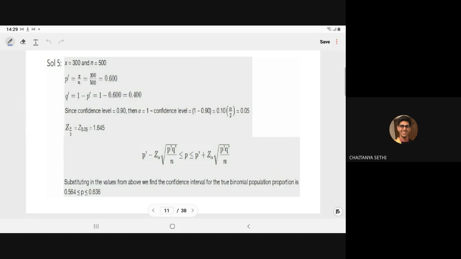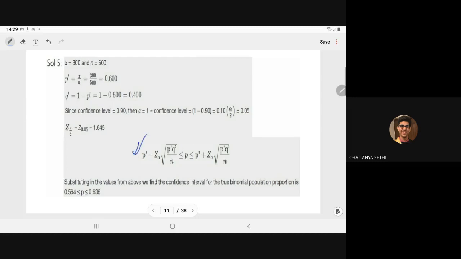So the 100 into 1 minus alpha percent confidence interval for the proportion is given by P dash minus Z alpha root of P dash Q dash upon N, right?